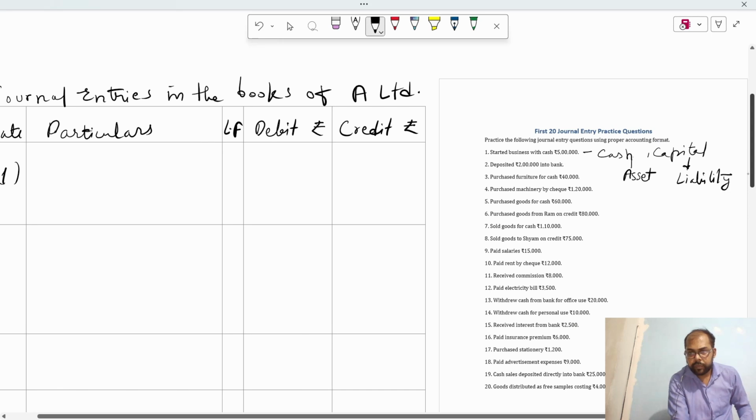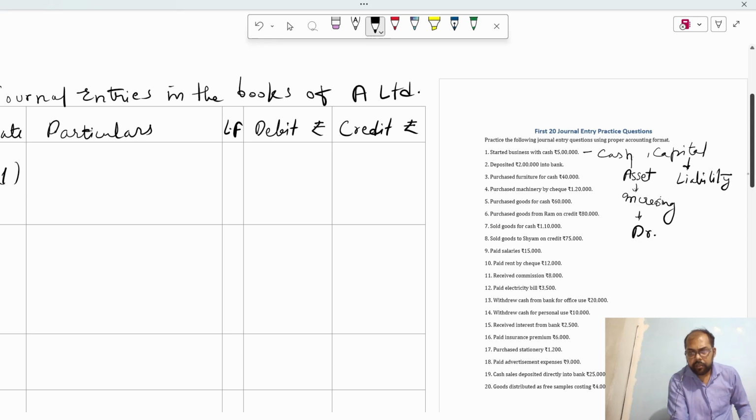Fine. When cash is increased, it is debited, as we know. So when you are introducing cash in the business, the cash in the form of an asset is increasing. Therefore, it will be debited.